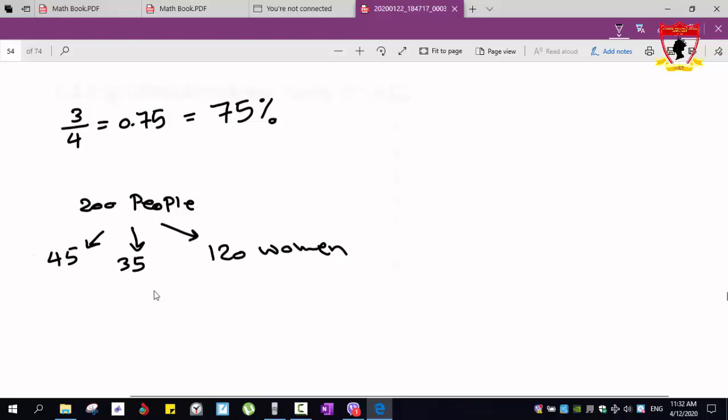Now how can we calculate the percentage of women, men, and children?